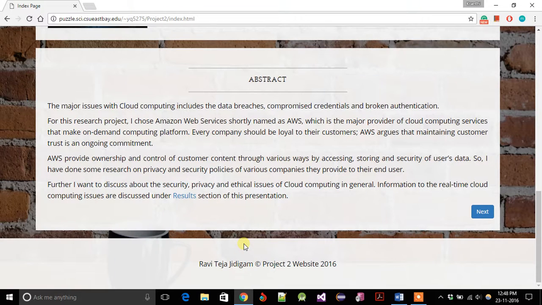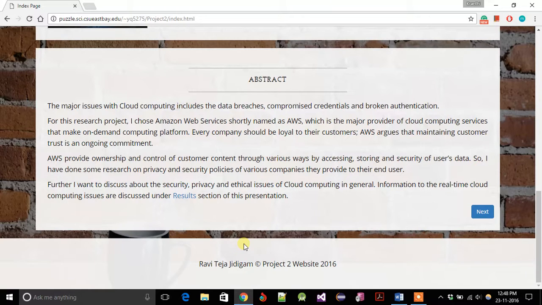For this research project, I chose Amazon Web Services (AWS), a major provider of cloud computing services that offers an on-demand computing platform. Every company should be loyal to their customers. AWS argues that maintaining customer trust is an ongoing commitment.